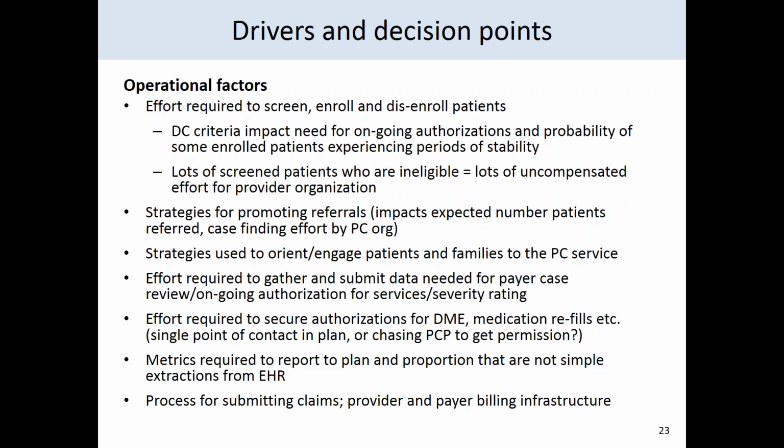And so the provider organization would need to account for that when they're thinking about how frequently their patients need to be visited. It's also important to remember that if there's relatively little happening on the payer end in terms of screening patients who might be eligible, let's say they're just running a list based on primary diagnosis, and it's expected that fewer than half of those patients would actually be eligible for SB 1004 palliative care, and the palliative care provider organization is spending a whole lot of time screening patients who wind up being ineligible, that turns into lots of uncompensated effort if the only mechanism for getting paid is when patients are enrolled in the program and you start receiving, for example, a per member per month payment.